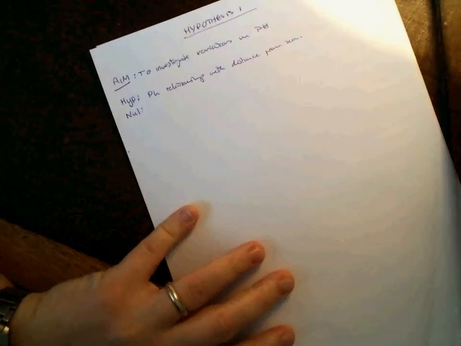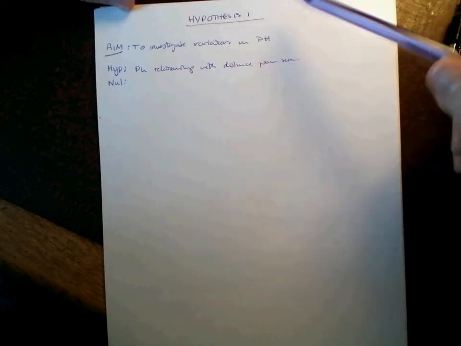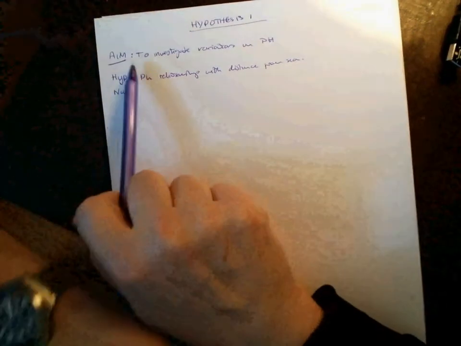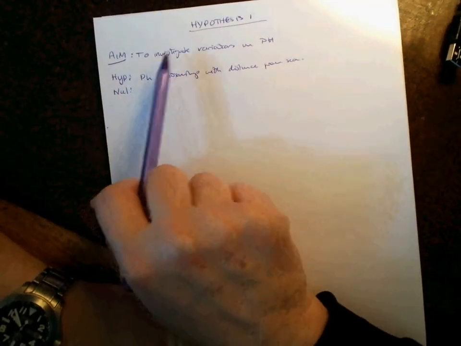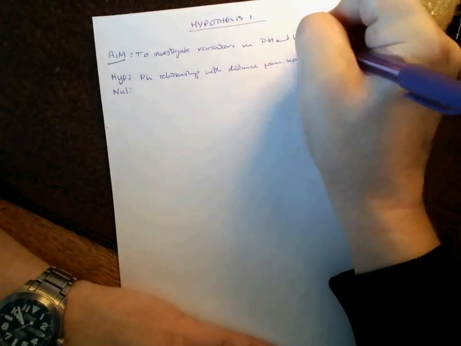What this means is, what's the aim of this section of the study? So I've just written one up here. My aim is to investigate the variations in pH and how they impact the beach.